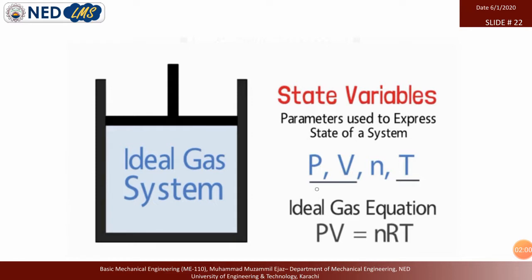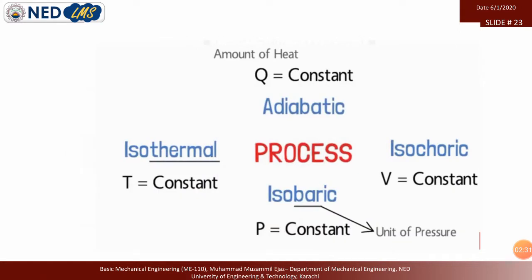So we are defining the state of the system by these state variables, and these state variables depend upon the ideal gas equation, that is PV is equal to nRT: pressure, volume, number of moles, gas constant and temperature. I am not going to derive this equation because you already studied it in pre-engineering. So let's move on towards the basic processes.